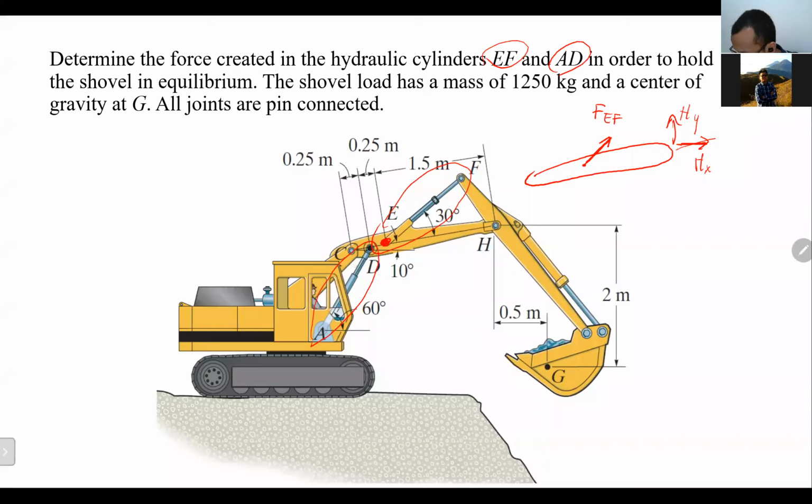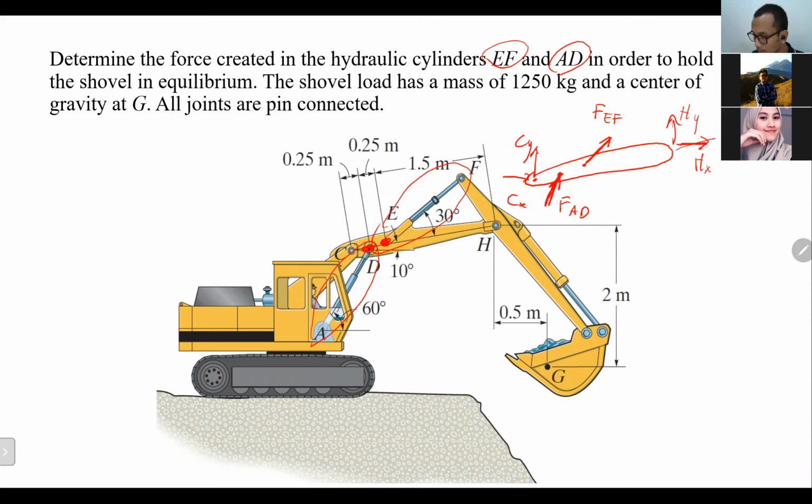Then at point D we have FAD, and at point C we have CX and CY. This is the member CH. All the unknowns are there, but the problem is that we have too many unknowns: HX, HY, FAD, FEF, CX, CY. Six unknowns, so we cannot solve it directly.